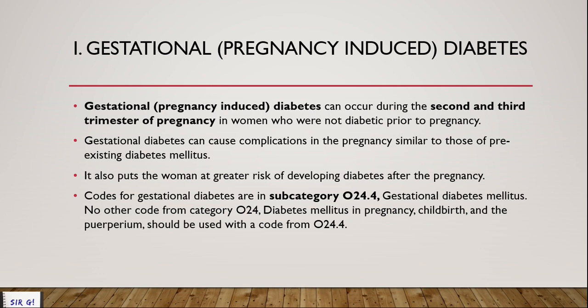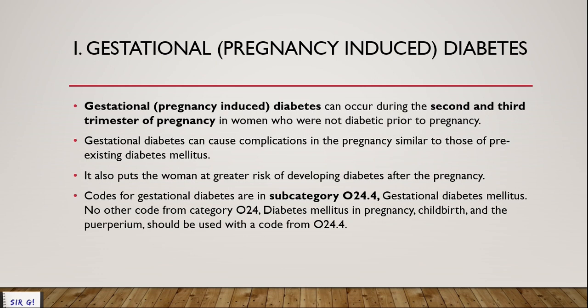Gestational diabetes can cause complications in a pregnancy similar to those of pre-existing diabetes mellitus. It also puts the woman at a greater risk of developing diabetes after the pregnancy. If the patient suffered gestational diabetes, it's very important to monitor your condition, guys, because you might develop diabetes already.